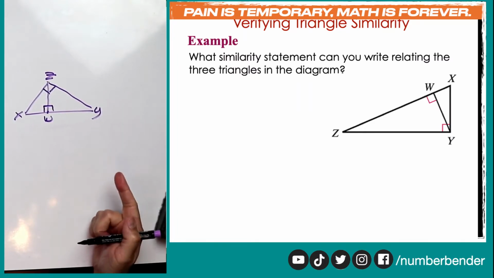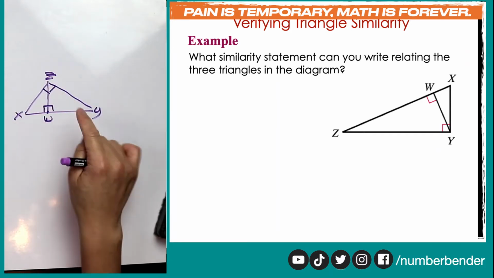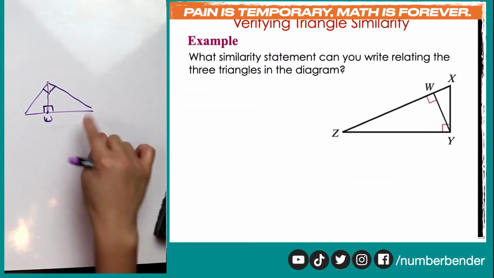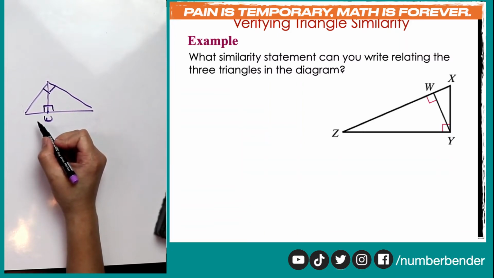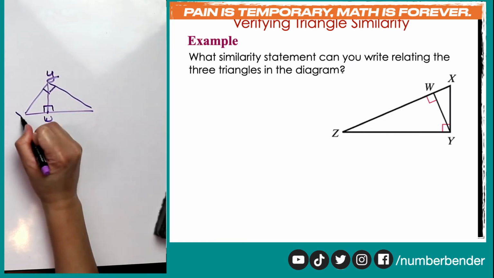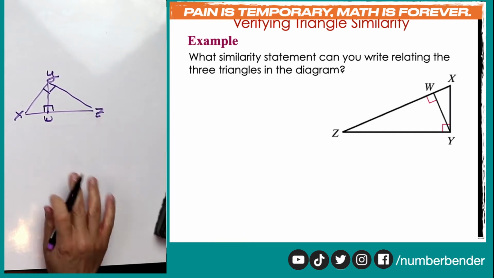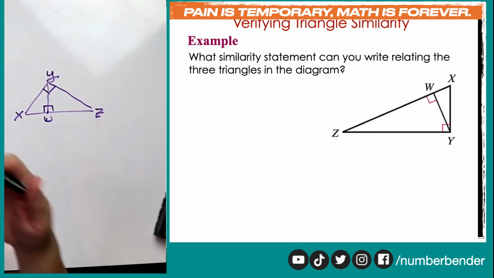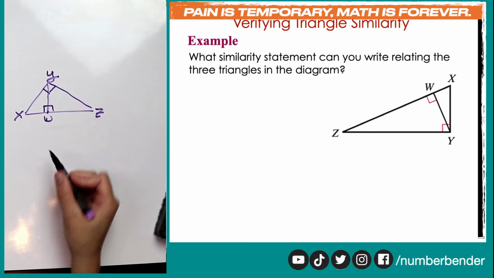Now to make it more in reference to this particular triangle, let's change the position of our three points and let's call this Y, X, and Z. And now we're seeing that this right triangle is similar to the first triangles that we have worked on.